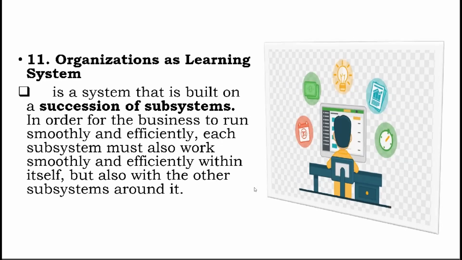Okay? Next. We also have here another theory pa po, which is the organization as a learning system. So this one po is a system that is built on a succession of subsystems. So in order po for the business to run smoothly and efficiently, kailangan daw yung subsystem na yun, dapat nag-work din sila efficiently within itself. But kailangan din it also work with other subsystems around.